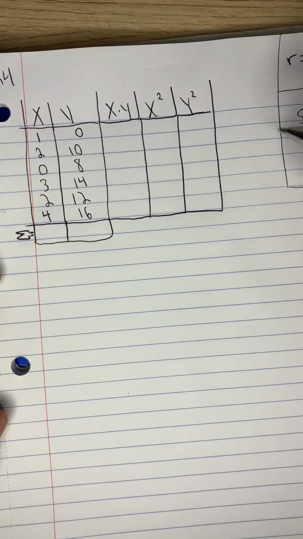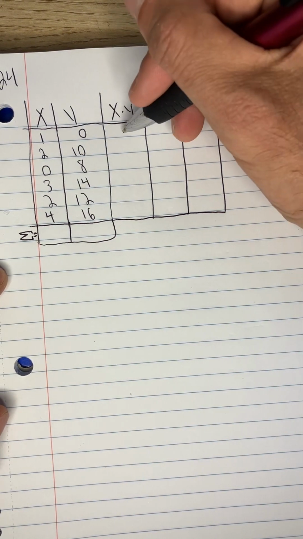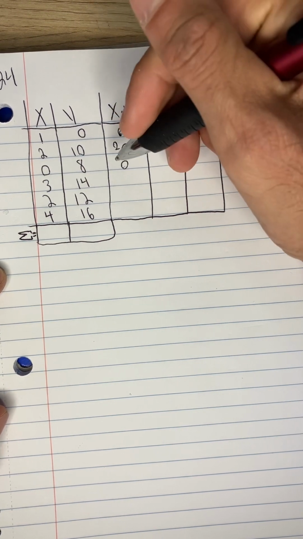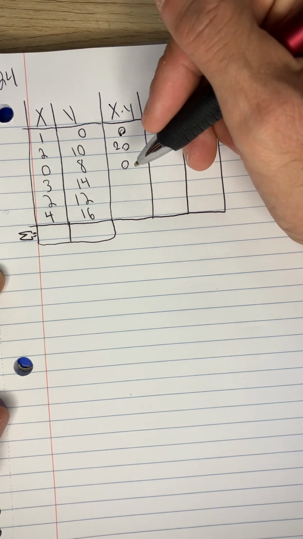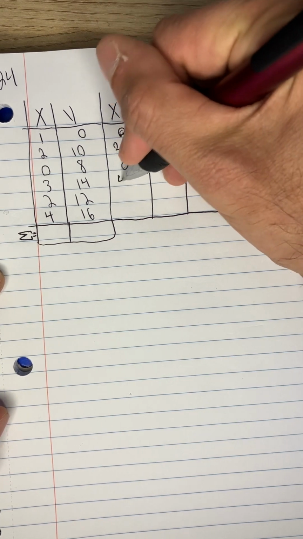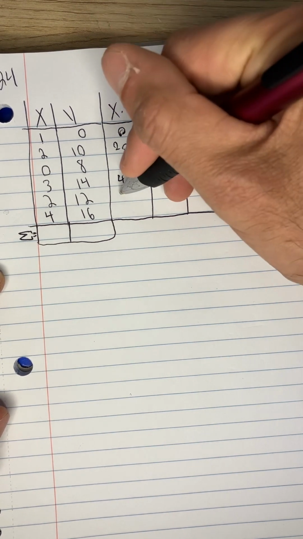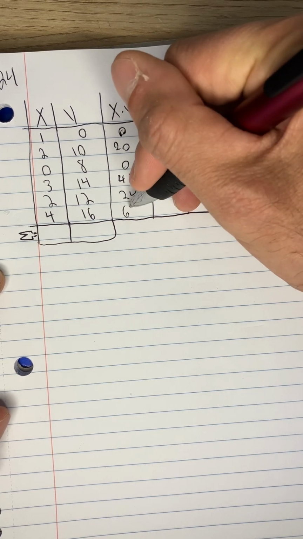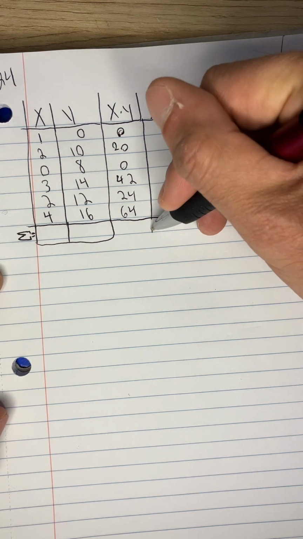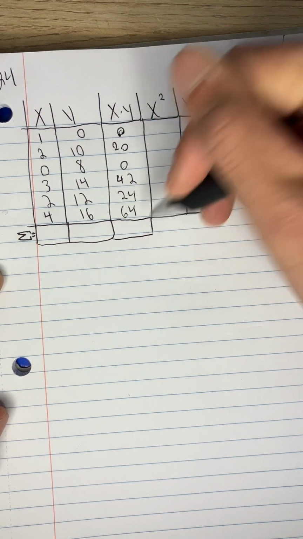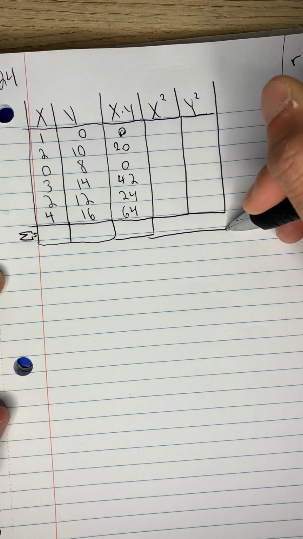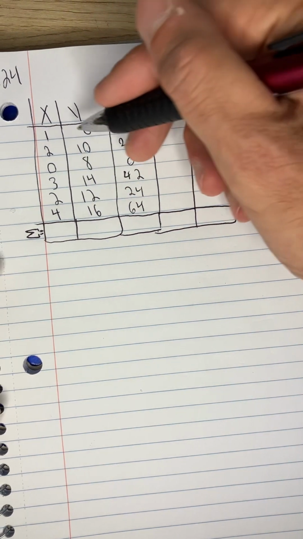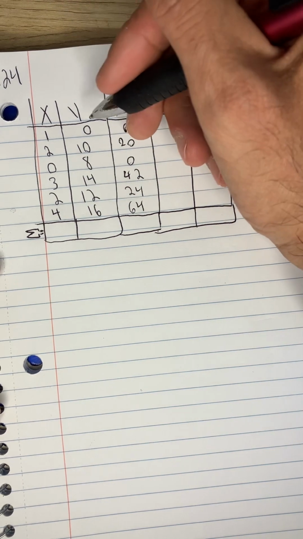All right, so x times y, 1 times 0, that's 0, 20, 0, 3 times 14, that's 42, 24, and this is 64. Oh, we could even probably just find the summation of these two very quickly.